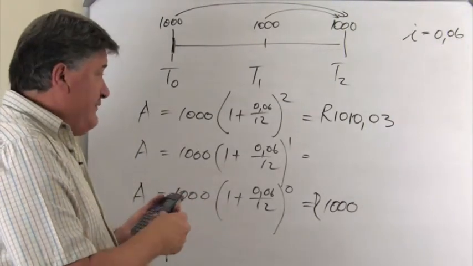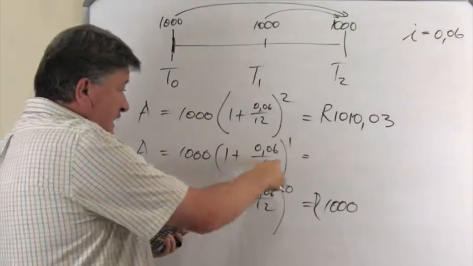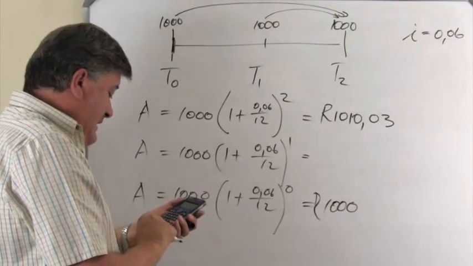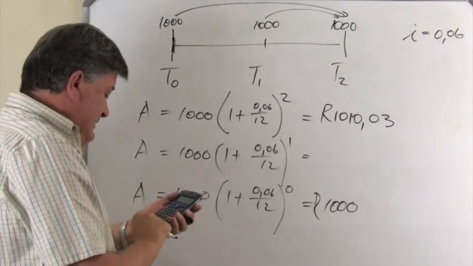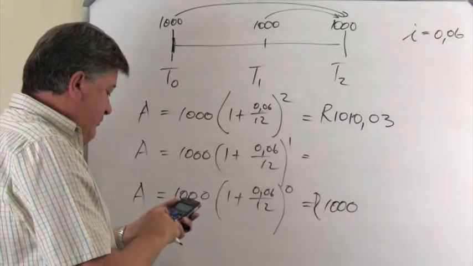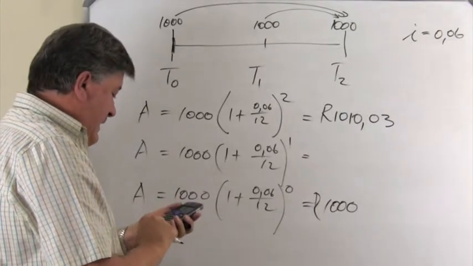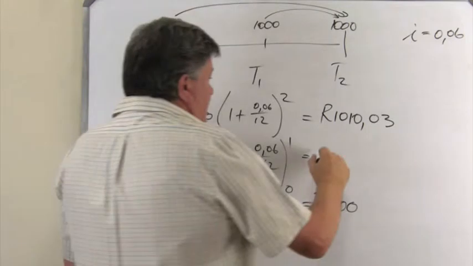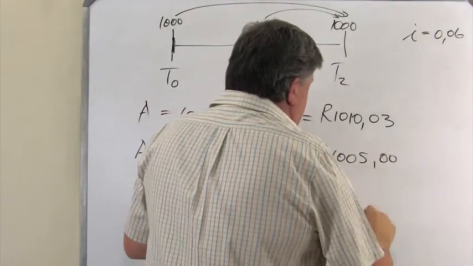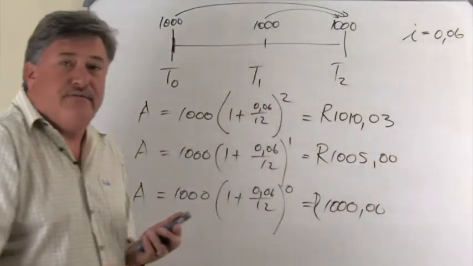If I calculate the second one, I say 1,000 rand, 1 plus 0.06 over 12, I close the bracket, I raise it to the power of 1, and my answer will be 1,005.